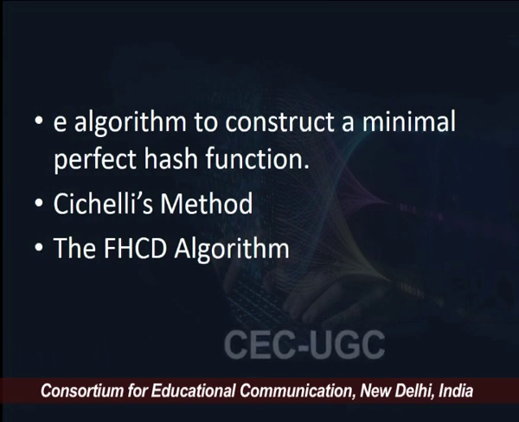These two algorithms are well known for the construction of a minimal perfect hash function, but the details of these algorithms are out of the scope of this particular course. Just for the sake of awareness, we should know that there are two algorithms to construct a minimal perfect hash function.